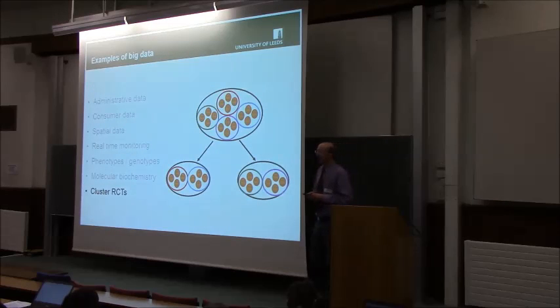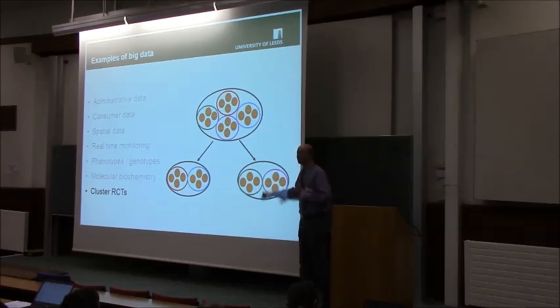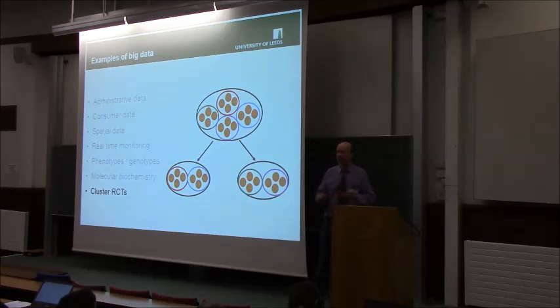And I also think that people involved in cluster randomised controlled trials, that's big data in the sense that you've got complex data structures, and you have some of the same kinds of problems. If you were to randomly allocate a patient attending a GP to a particular intervention, well maybe they talk to their friend.